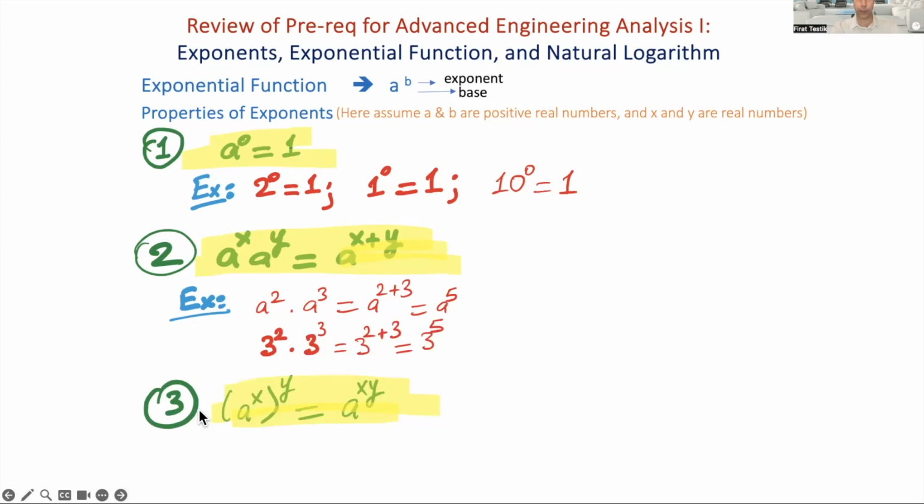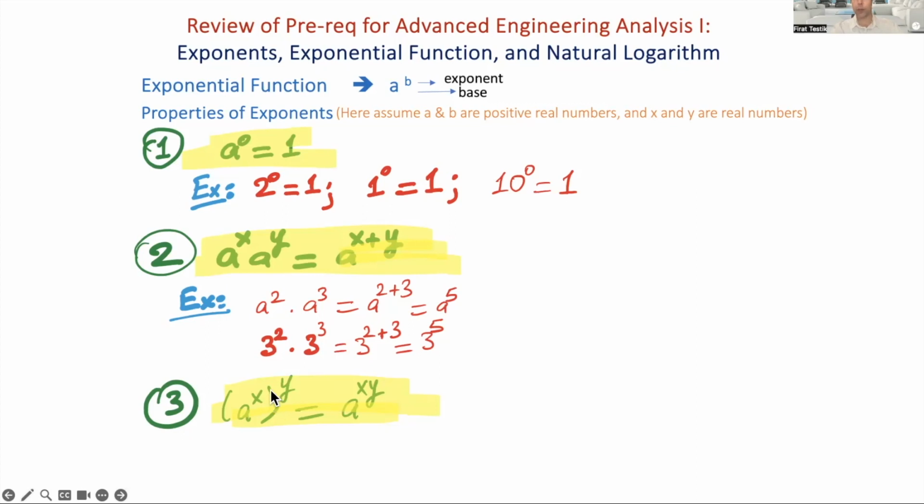Now let's go to the third property of exponents. a to the power x, to the power y, is equal to a to the power x times y.